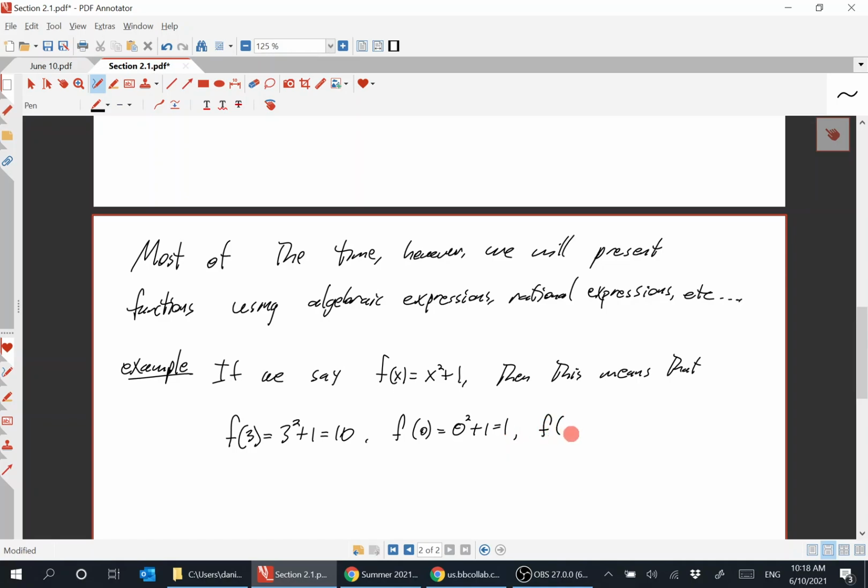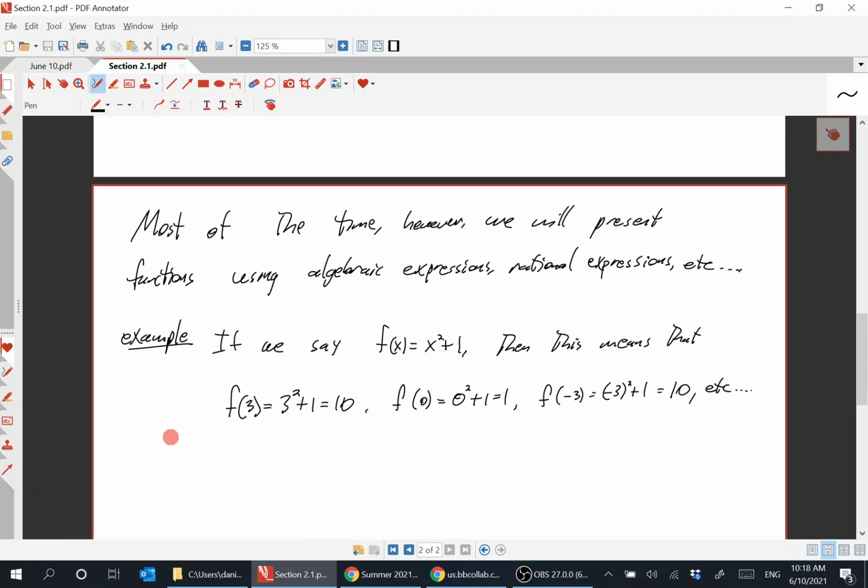The value of function f with input, say, -3 is (-3) squared plus 1, which is, again, 10. Okay, etc., etc. So this is an algebraically defined function.